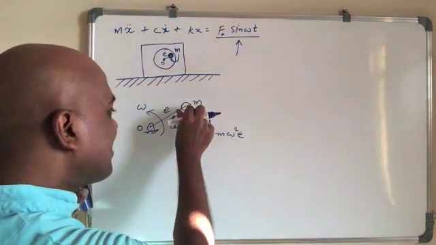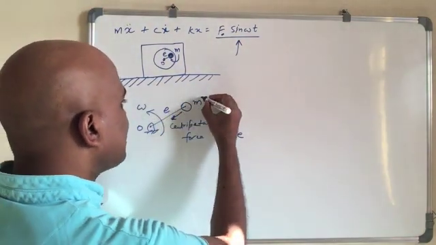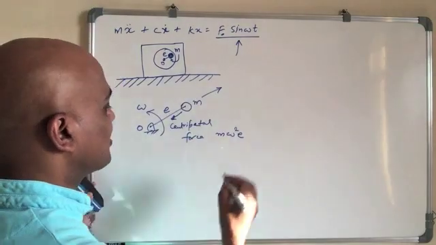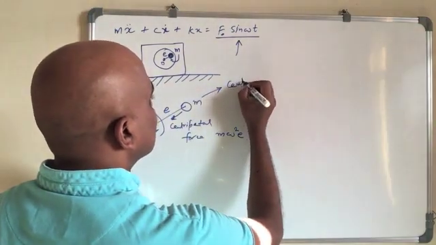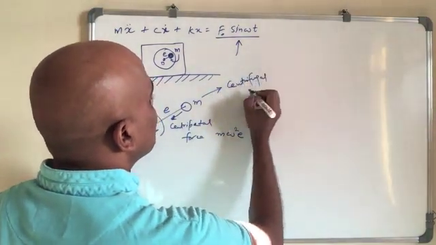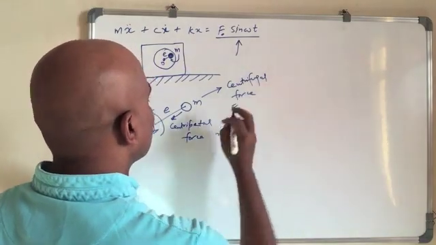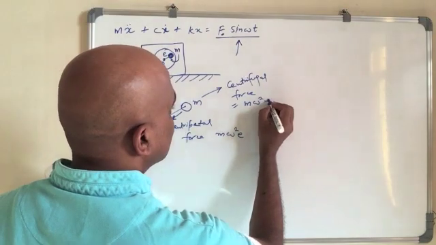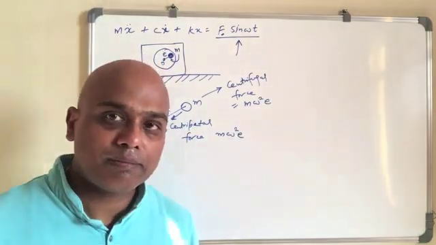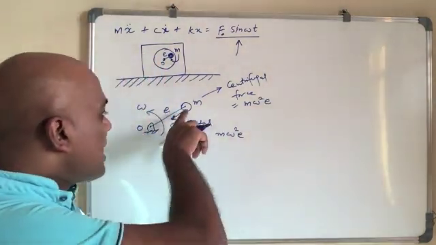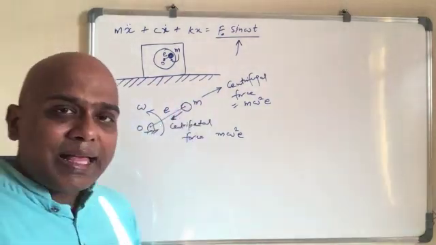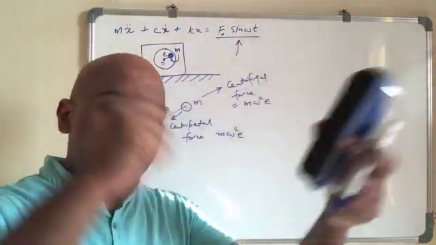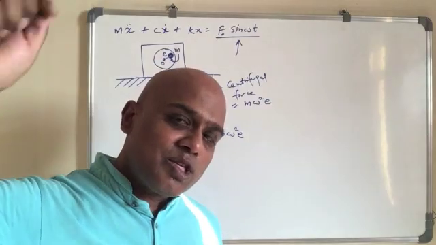Now if you are rotating like this one, then what it feels is a centrifugal force, which is also equal to the centripetal force, which will equal m omega square e. Let us say one mass is attached to a string, and you are rotating it like this.